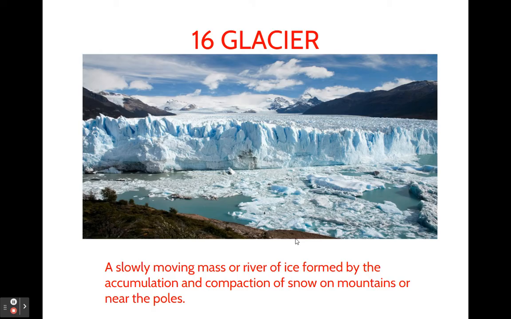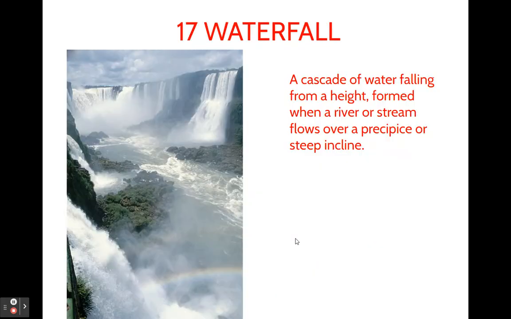Usually a glacier is found near the poles. You've probably heard about glaciers in the North Pole. There are glaciers near the South Pole, and then there are glaciers on mountains. Sometimes they exist way up in the mountains. There are lakes, and the ice runoff, the water runs off, freezes, gets hard, and creates a glacier.